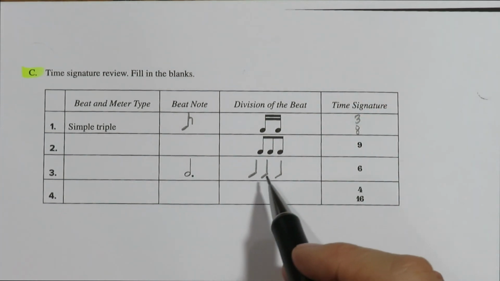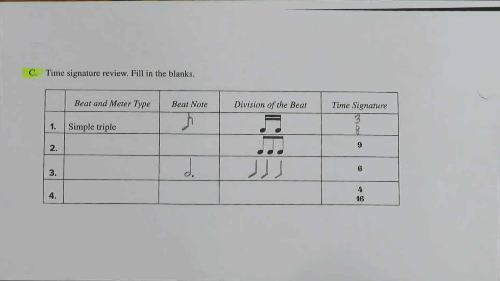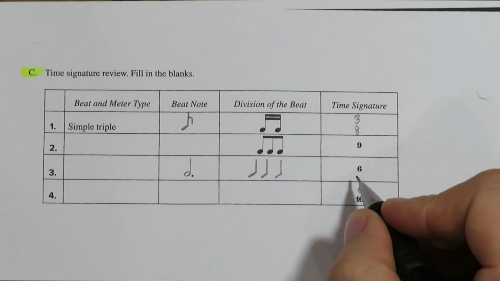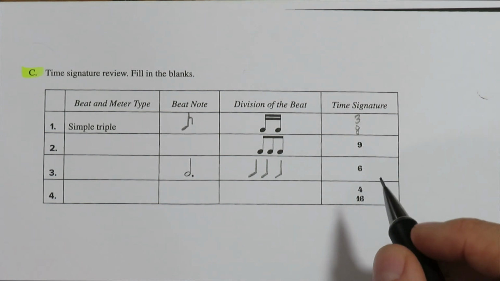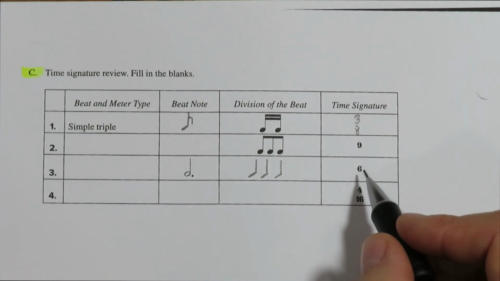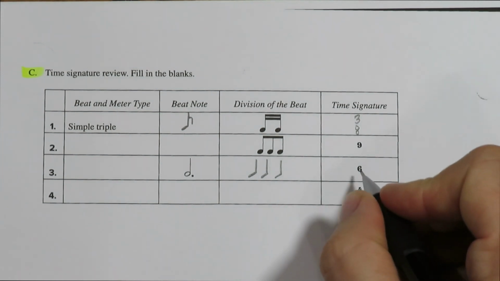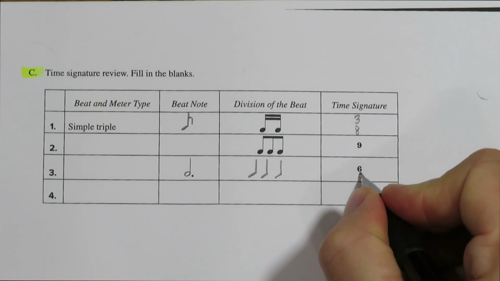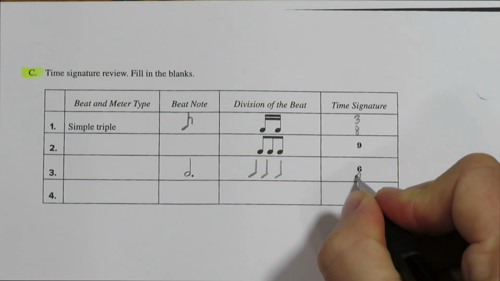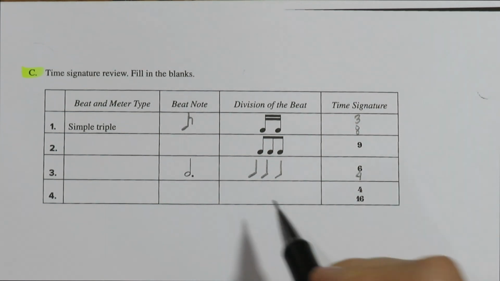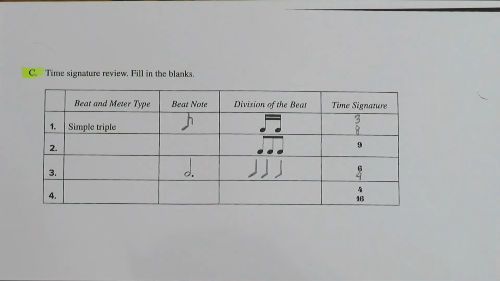Okay, so we have 3 quarter notes as the division of the beat. So the time signature is 6. So I think we're looking at 6/4. Okay, because quarter note. Right.